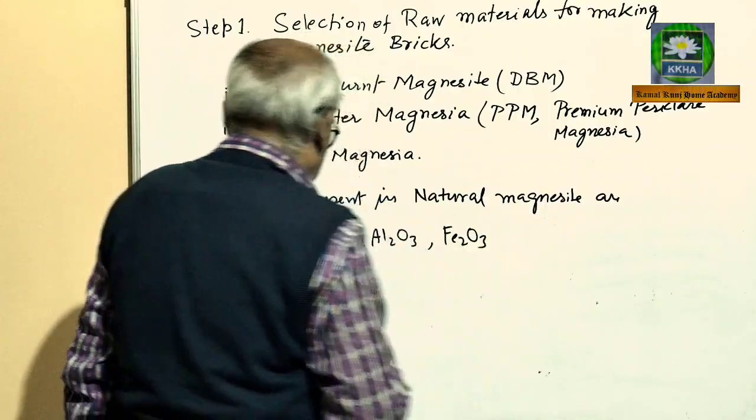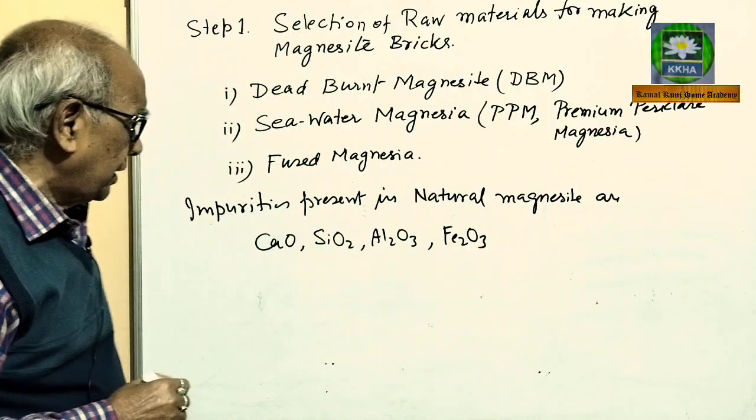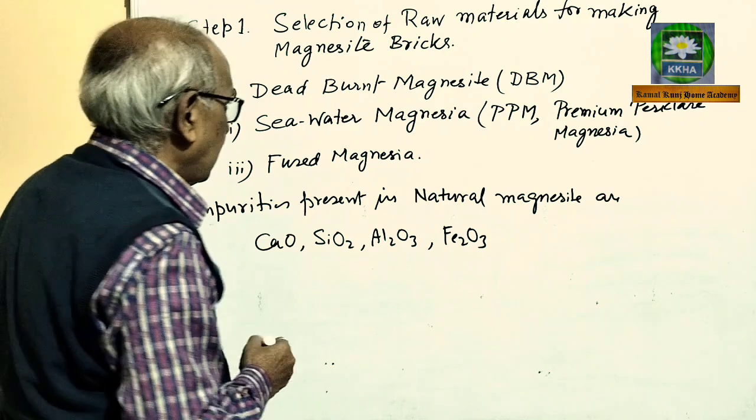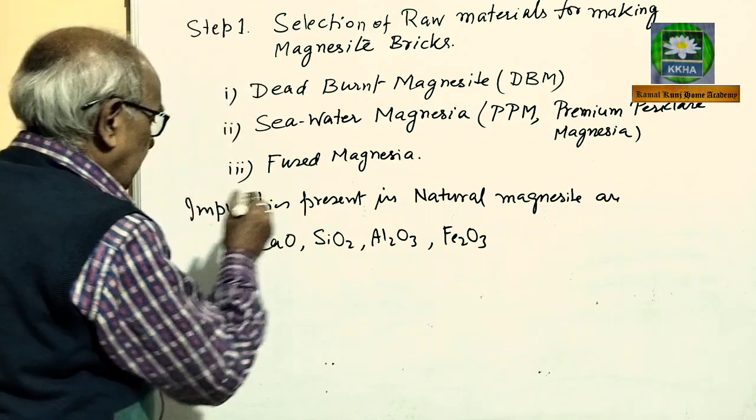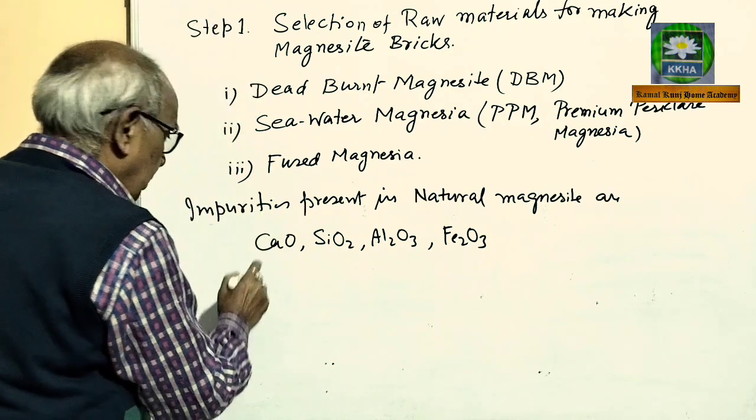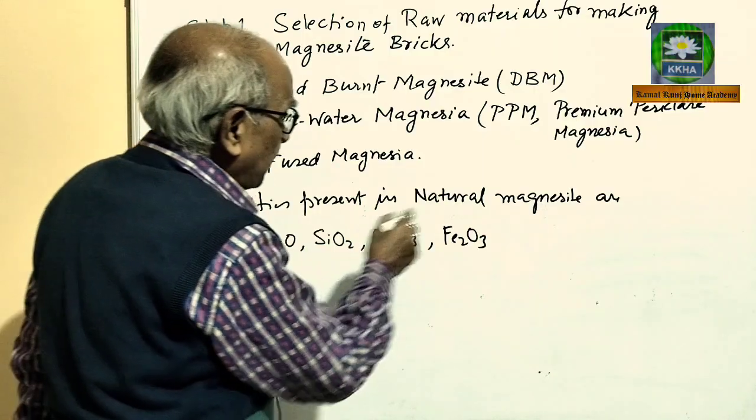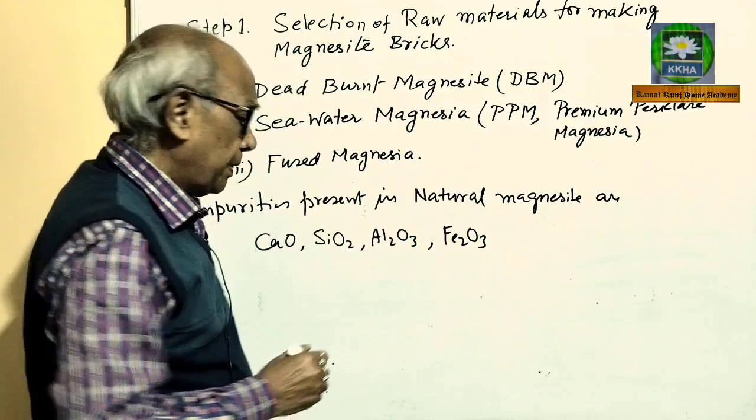These impurities should be as minimum as possible. And in seawater magnesia, B2O3 is generally not present in natural magnesite.